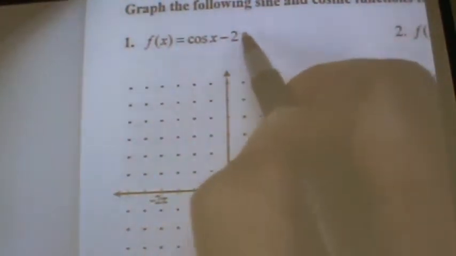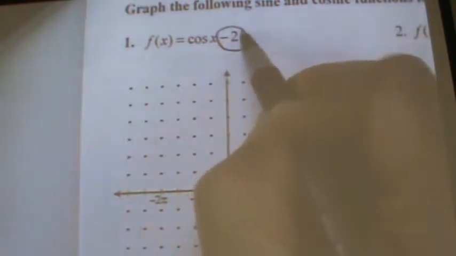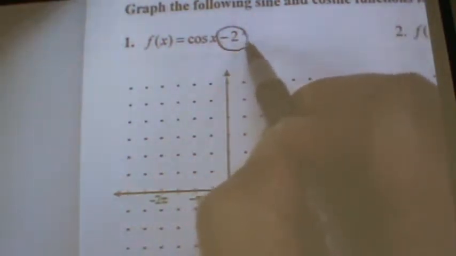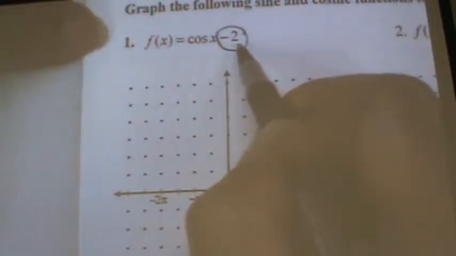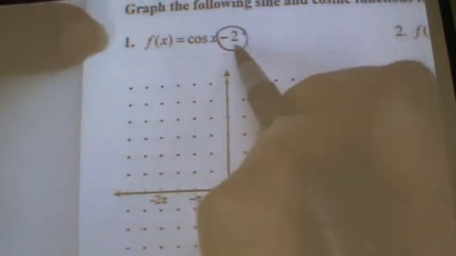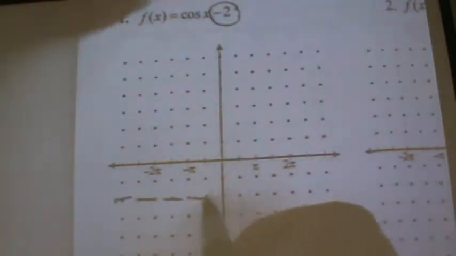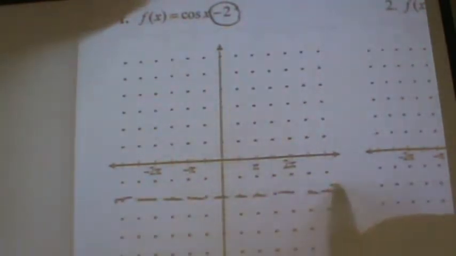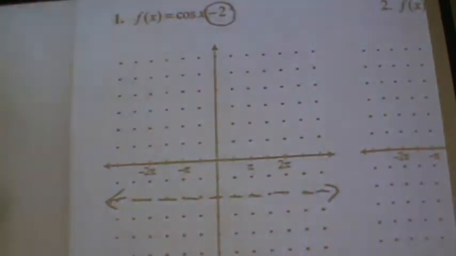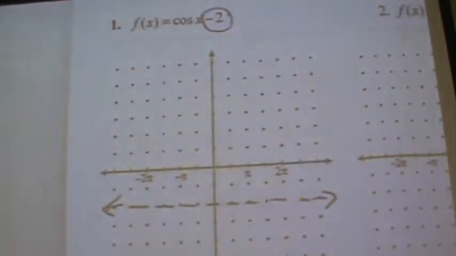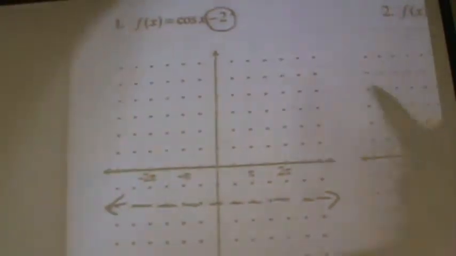All right, so number 1, you want to look at this number right here first. What is that? That's your new x-axis. So at 2 units below the original x-axis, you're going to do a broken line like this. You start there. That's your start. Now, look at your amplitude.